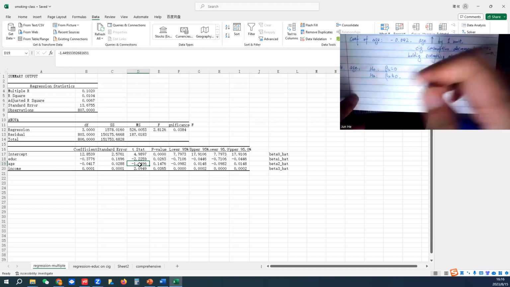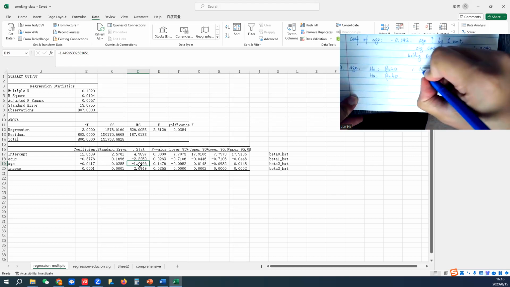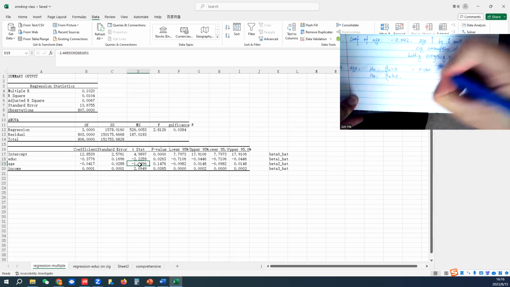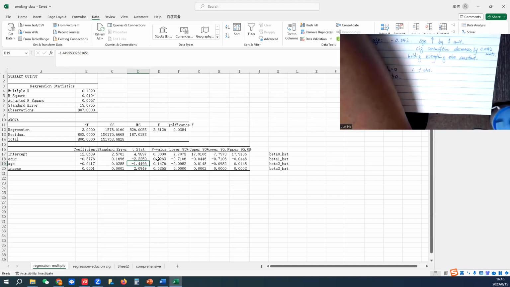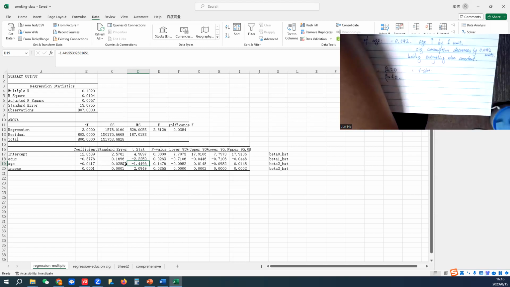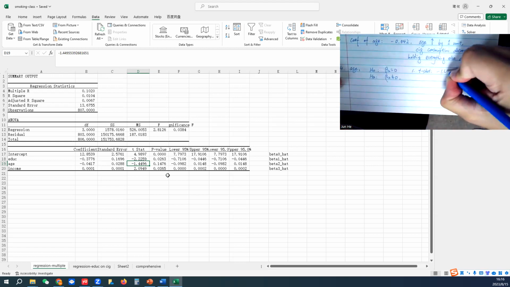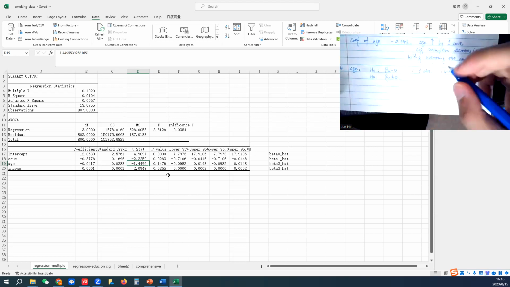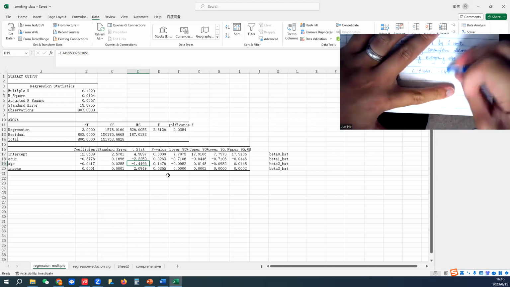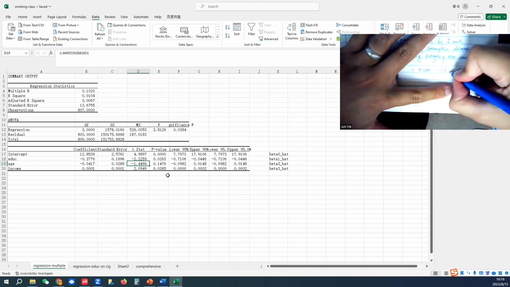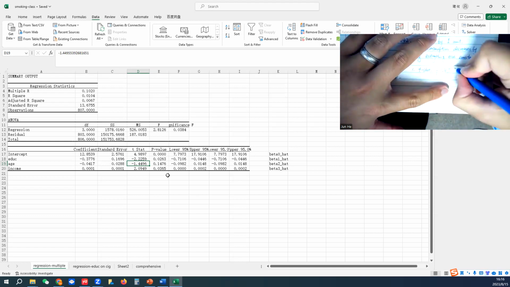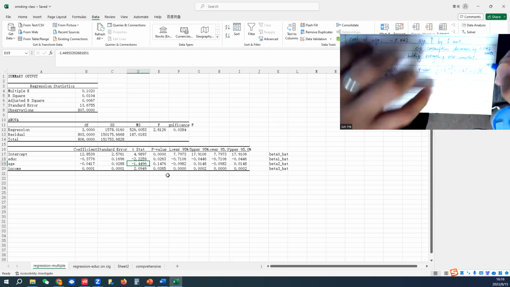So now let's see. Method 1, T-stat. In this case, T-stat of the coefficient of age is minus 1.45. Okay, its absolute value is 1.45, which is smaller than 1.96.